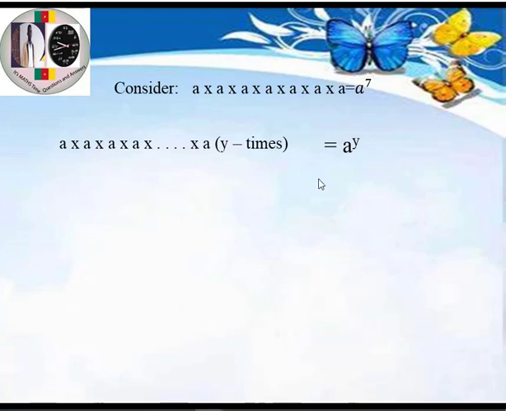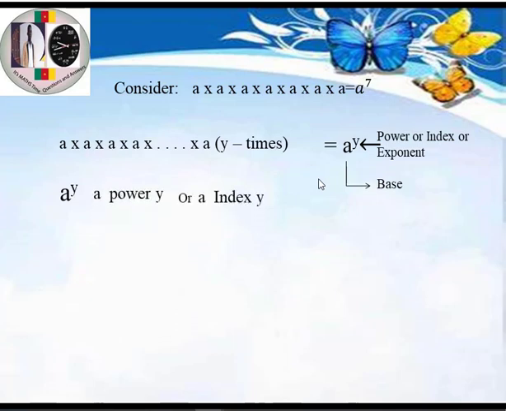In this notation, we call y the index, the power, or the exponent, and we call a the base. In general, we can read this as a power y, or a index y, or a exponent y.